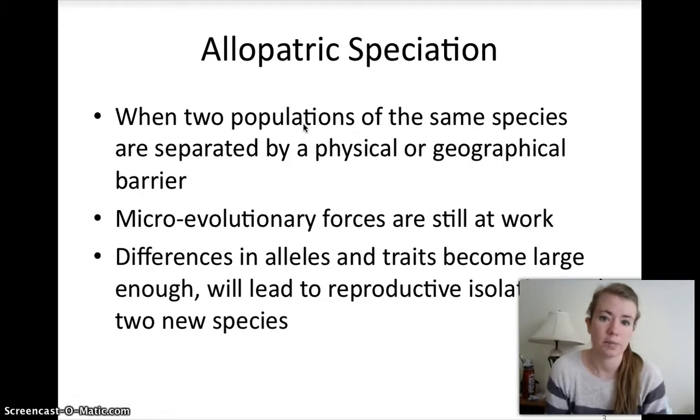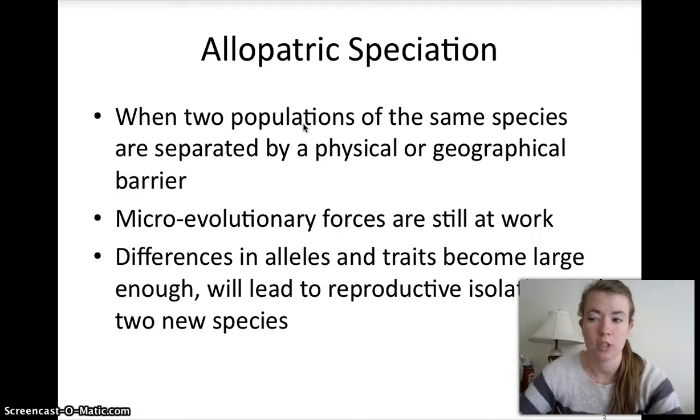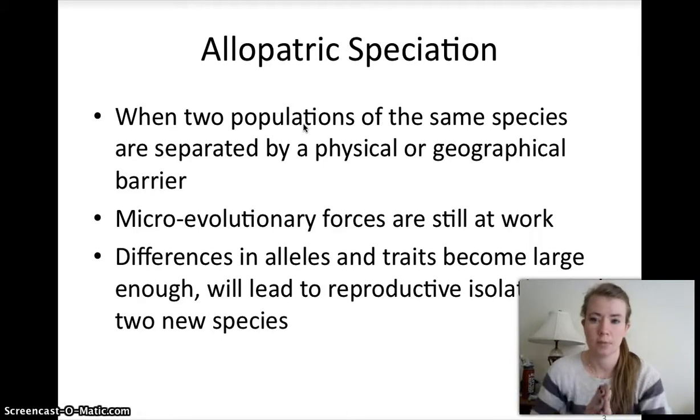The first one is allopatric speciation, and this occurs when two populations of the same species, meaning they can all interbreed with each other, since we're using the biological species concept, are living in two different areas, separated by a physical or geographical barrier.